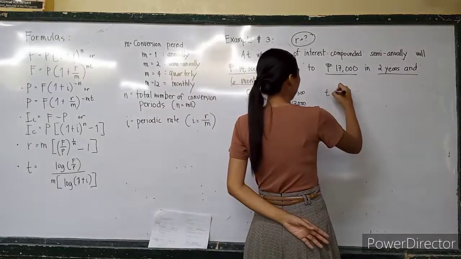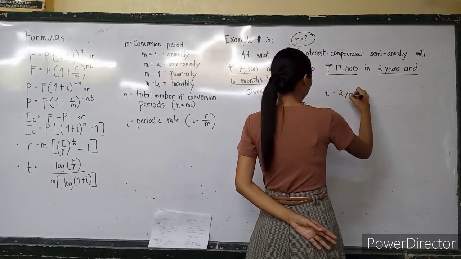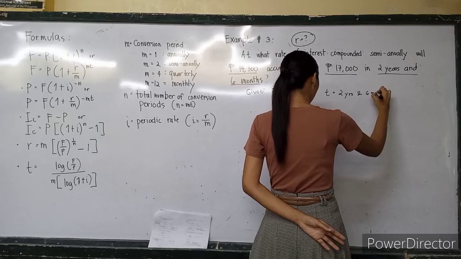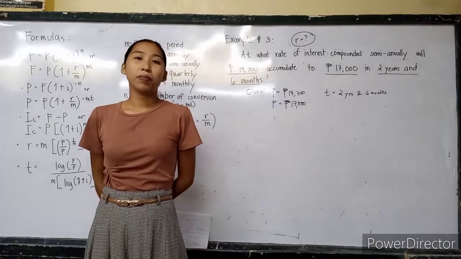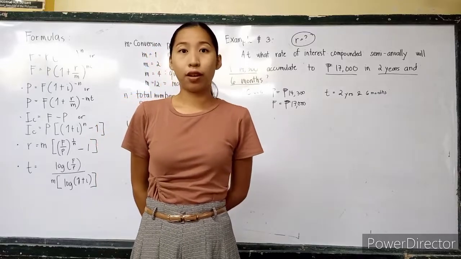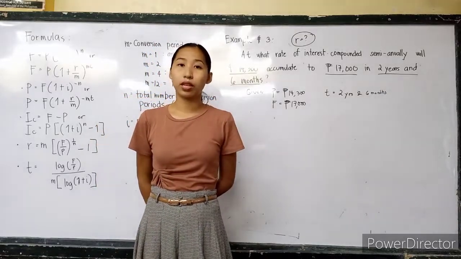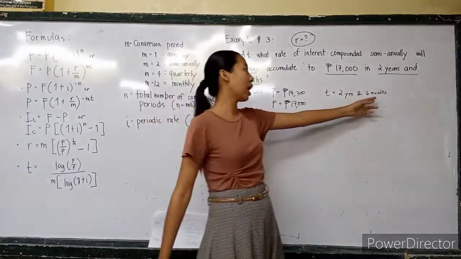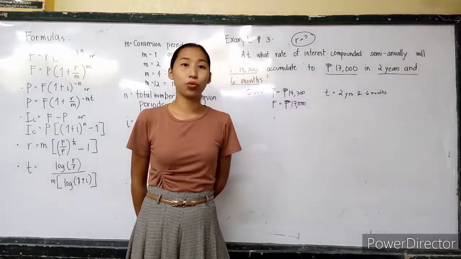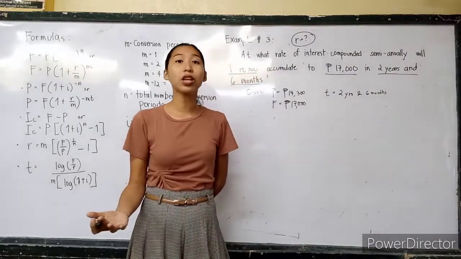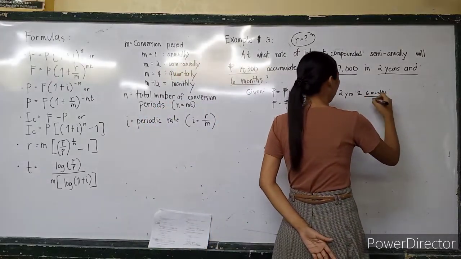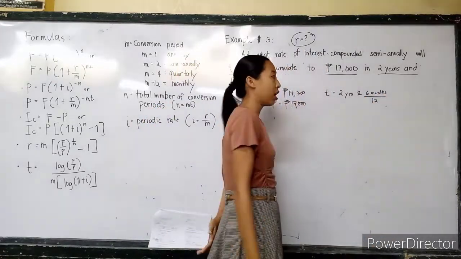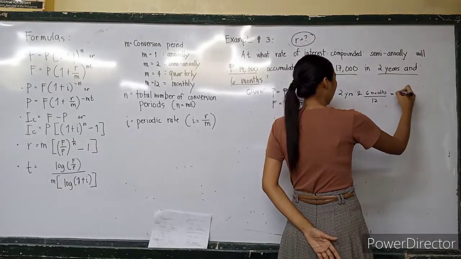So, T is equal to 2 years and 6 months. Now, if you can still remember, unit for time is always in years. Therefore, naa man tayong months, atong i-convert into years. We're going to divide this by 12. So, 6 months divided by 12. Therefore, this is 0.5.